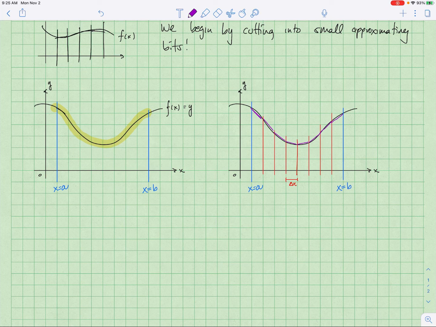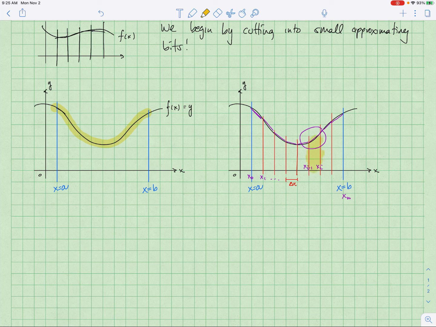And I'd like to focus on one of these specifically. So this would be x naught, x1, dot, dot, dot. Somewhere in between here would be an x sub i minus 1, an x sub i, and then at the end, x sub n. And I want to focus on this particular bit right here.